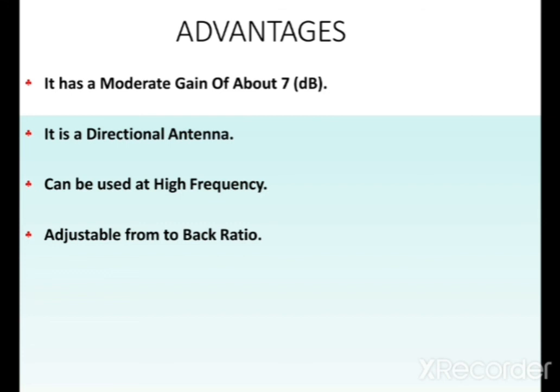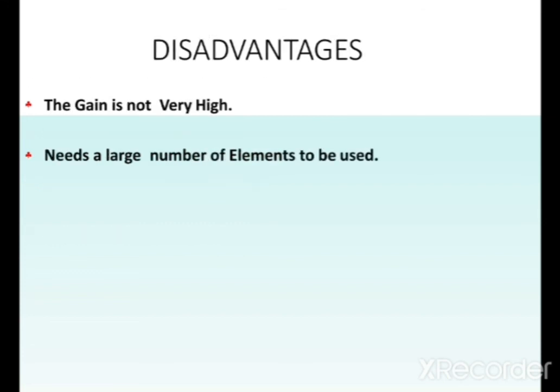It has broader frequency coverage, and the front to back ratio is adjustable by using the geometry of the antenna system. It can be easily handled in maintenance, and less power is wasted. These are the advantages of the Yagi-Uda antenna.